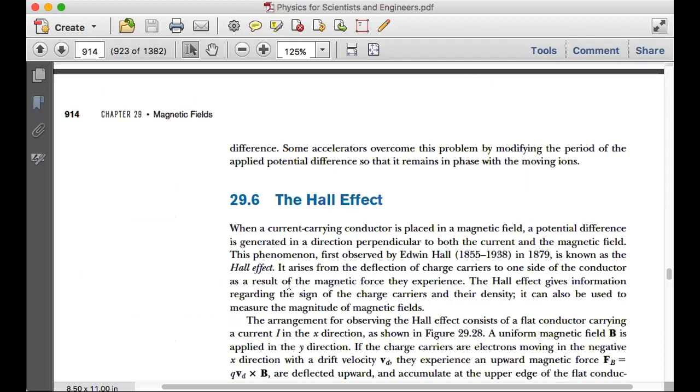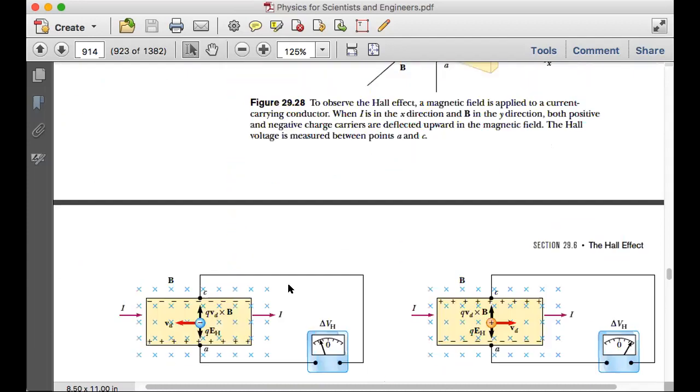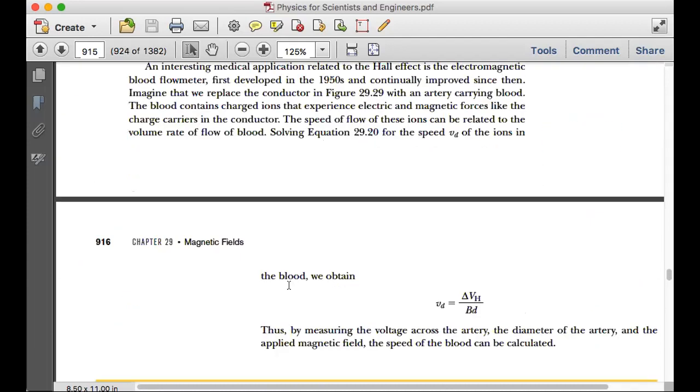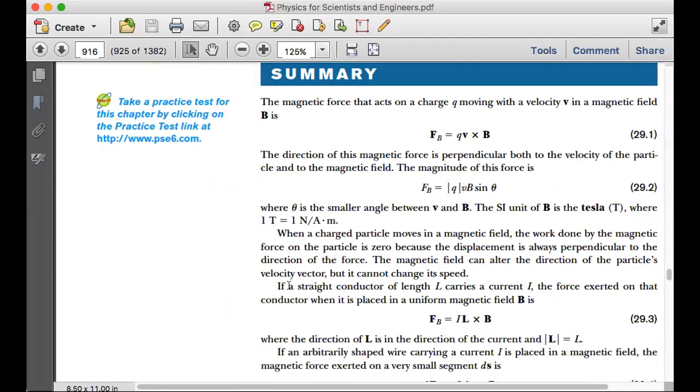Many applications. We skip the Hall effect. Okay, it's a summary. Is there any question so far?